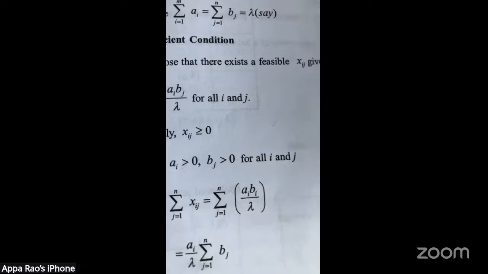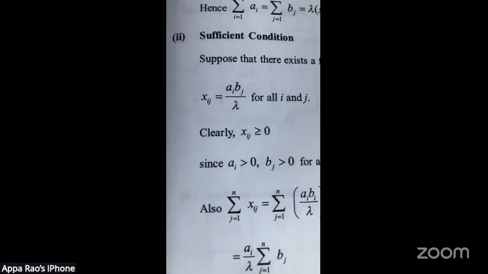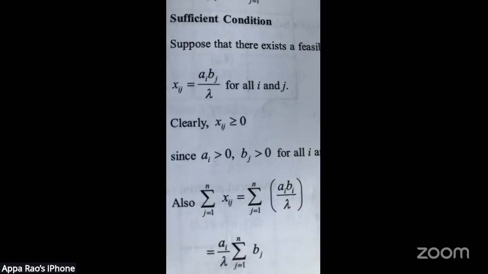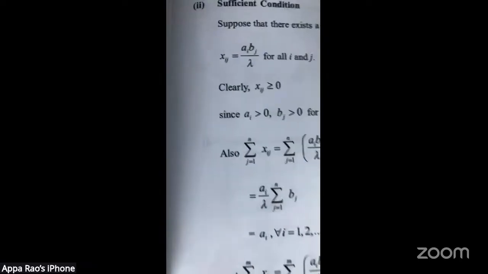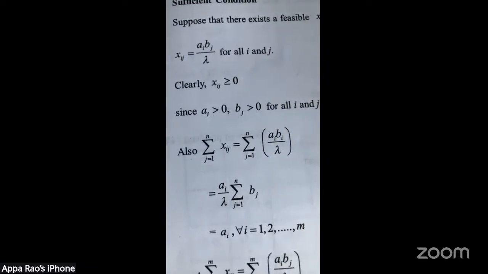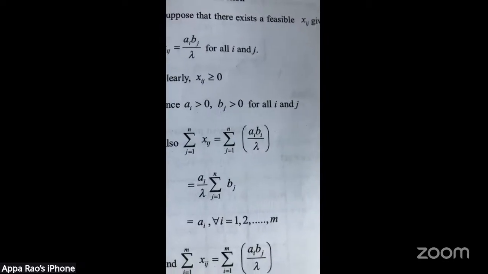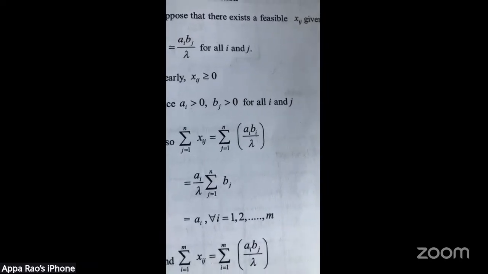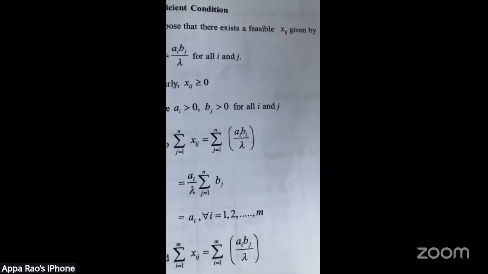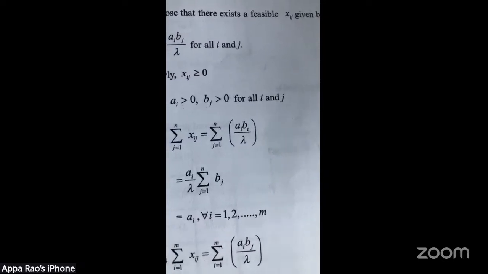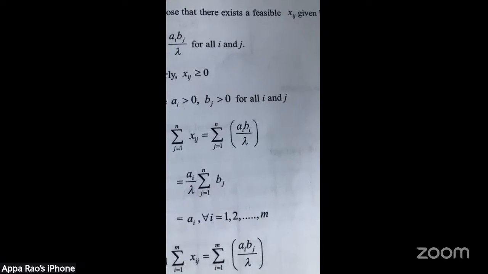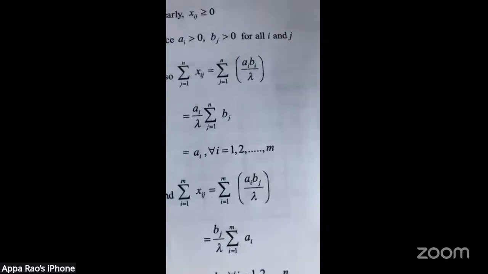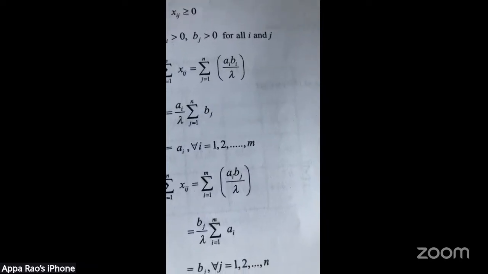Sufficient condition: choose x_ij given by x_ij equals a_i b_j by lambda for all i and j. Clearly x_ij is greater than or equal to 0 since a_i and b_j are greater than 0 for all i and j. The sum over j of x_ij equals a_i times the sum of b_j by lambda, which equals a_i, for all i equal to 1 to m.